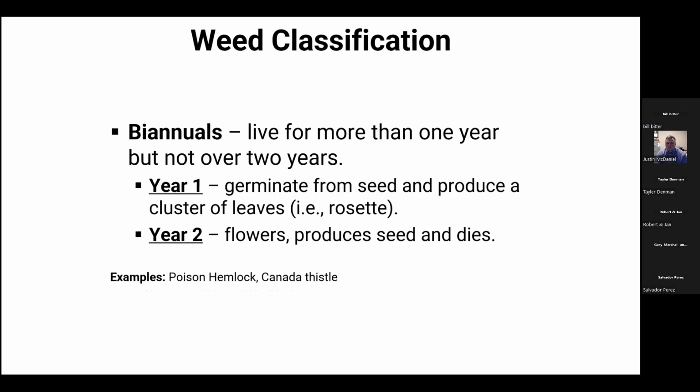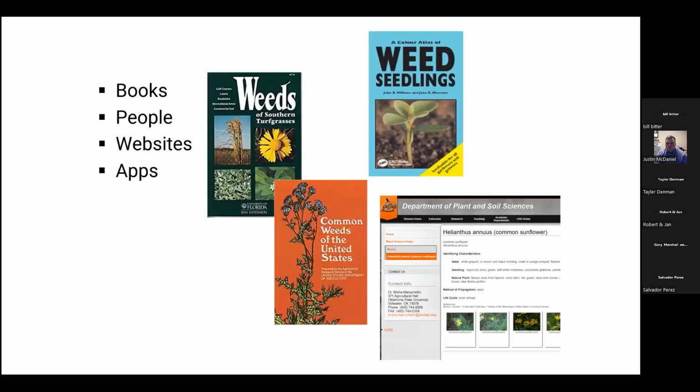Biennials, like I said, live for more than 1, but typically not over 2 years. Year 1 is going to be the best time to try to control them when they're seedlings, and then year 2 may be a little bit more difficult as well. Examples are poison hemlock and Canada thistle.